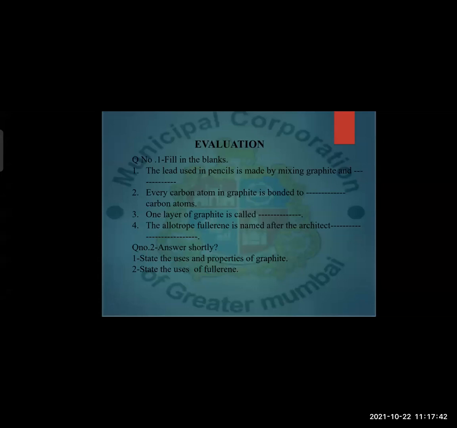As we have just seen, fullerenes are used in buckytubes and buckyballs. Fullerenes are also used as insulators. So these were some of the uses of fullerenes.